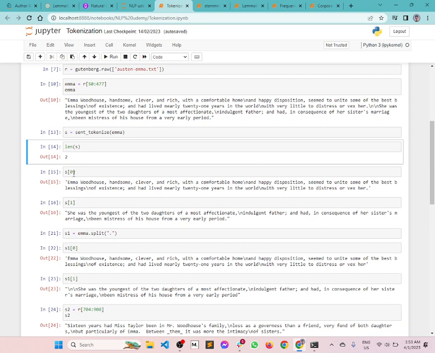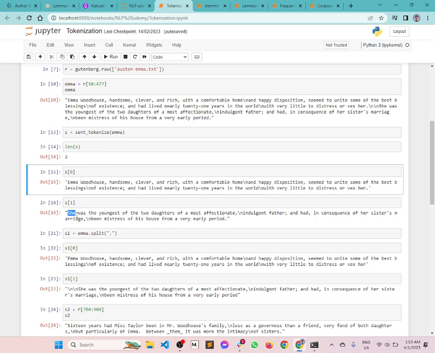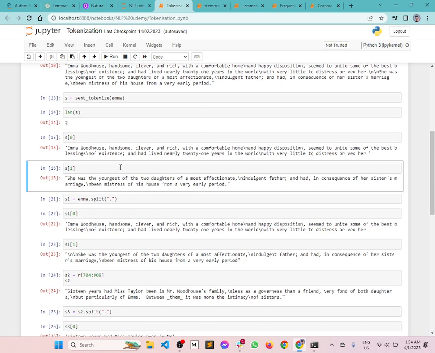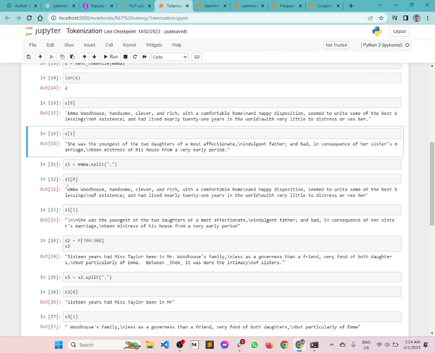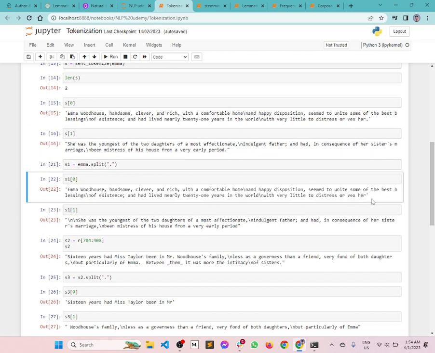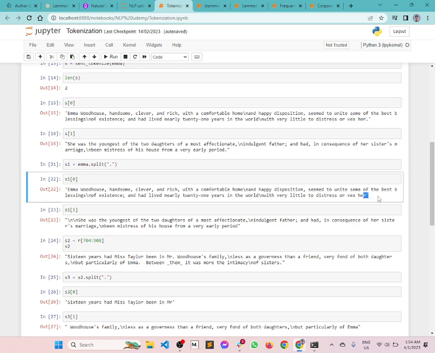If we want to figure out the first sentence, we use s[0], then the first line is produced. And if we set 1, then it produces the second sentence. If you want to split it by dot, then it gives it like that. Here the last one has no dot, but the others do.